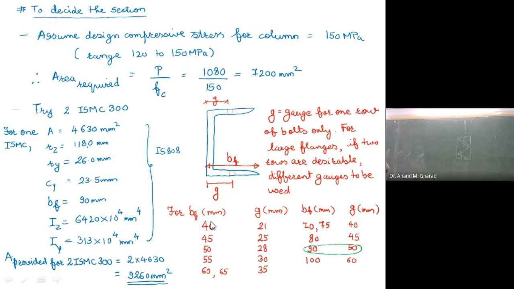For that, you can note down this table, because this table is not given in your steel table, neither is it given in your IS 808. It is given in some other literature. So you can note this down.